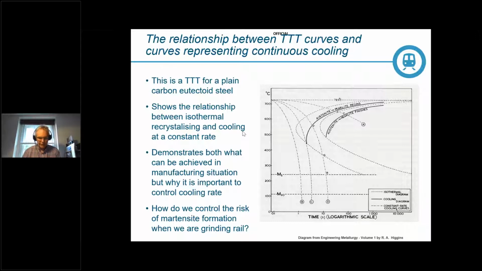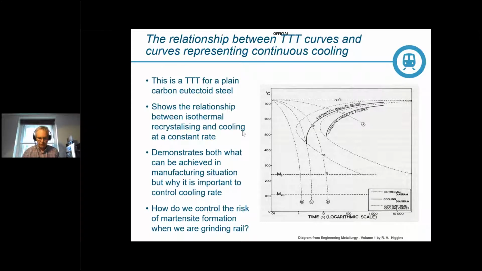So curve A represents the cooling of approximately 5 degrees centigrade per second. And here the transformation begins at X. It's completed by Y, and the resulting structure will be a fine-grained pearlite. And this is the type of crystallized structure we desire in our rails.